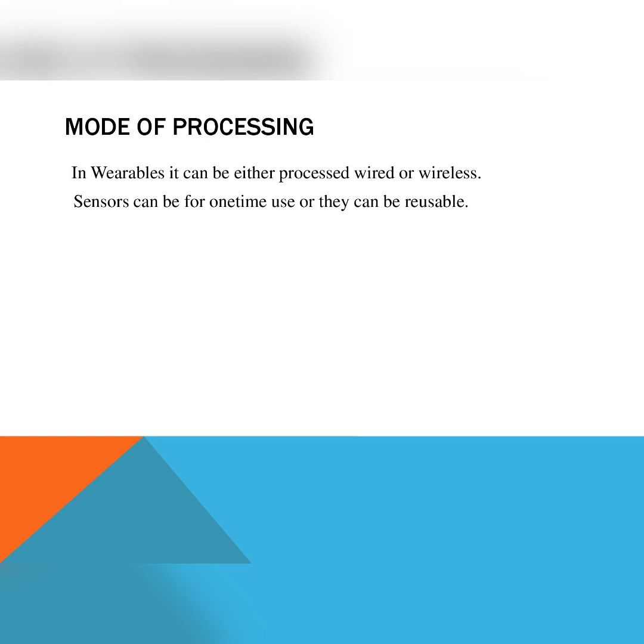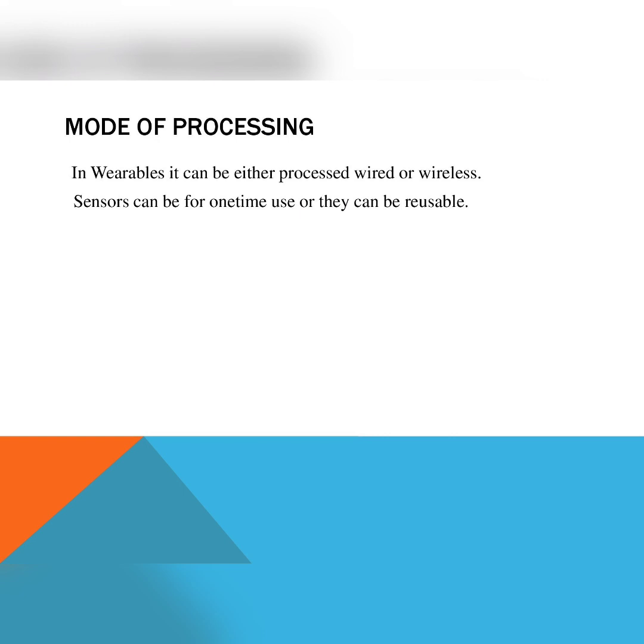Another view of wearables is the mode in which the signals are transmitted for processing. It can be either wired or wireless. In wired wearables, the signals are transmitted over a physical data bus to a processor.